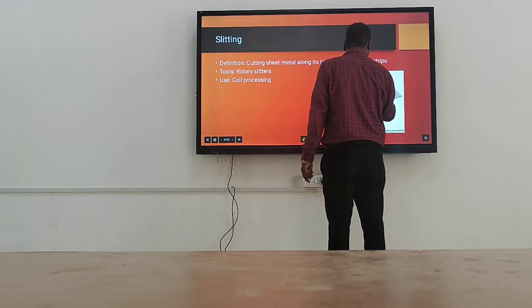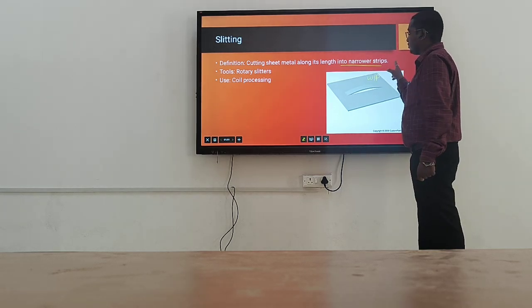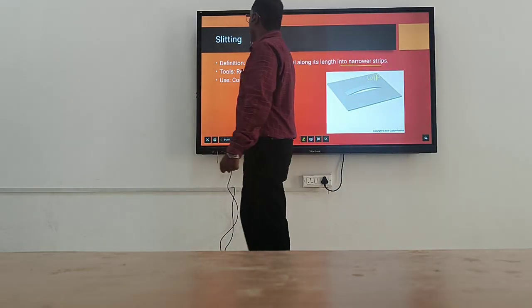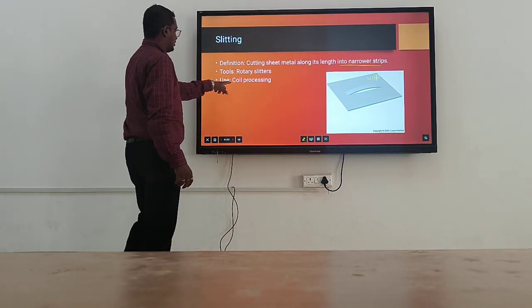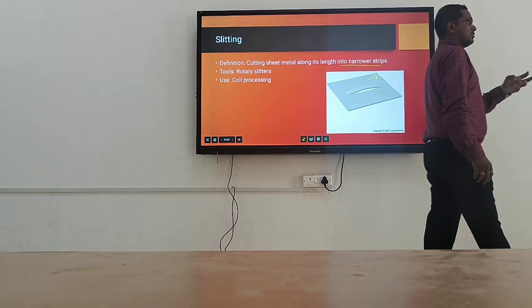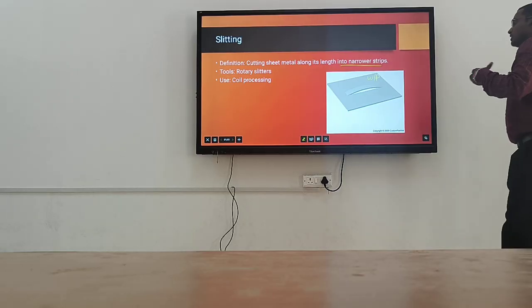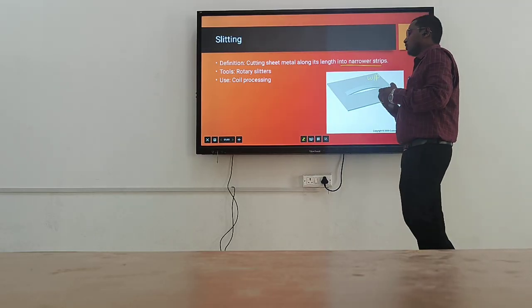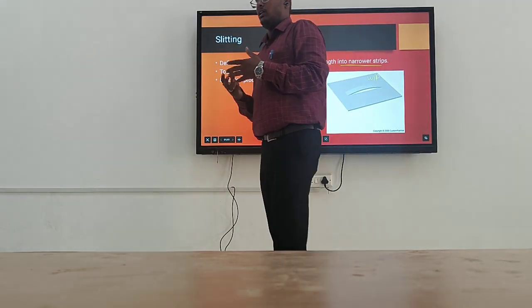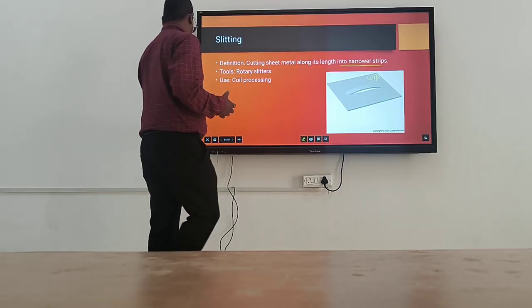If we cut that portion in a narrow strip, a lengthy and narrow strip, it's called the slitting operation. We basically use it in plants because there are mostly coils, and air handling machines. So basically we use it in that application. Okay.